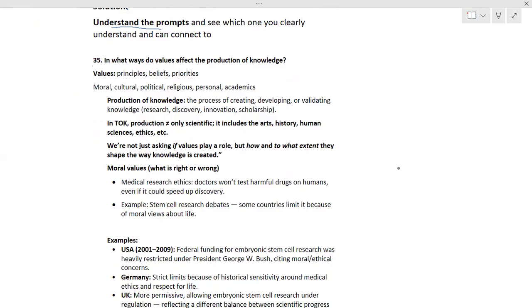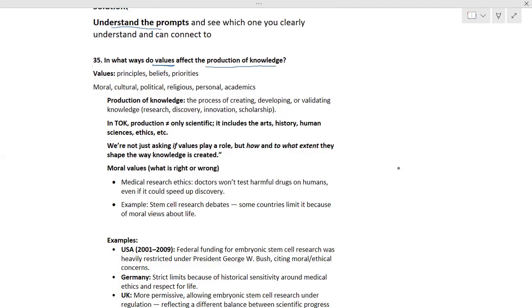Let us first try to unpack this prompt and understand in simple terms what is expected from us. So the most important words in this prompt are values and production of knowledge.